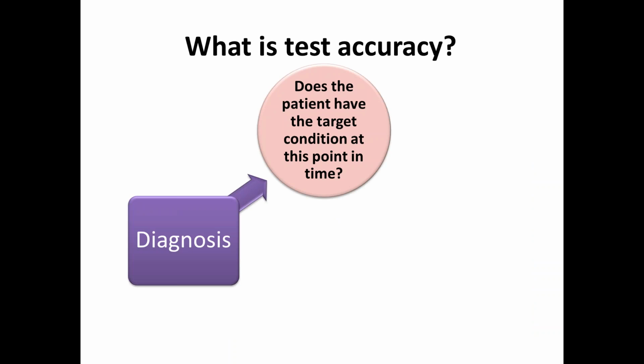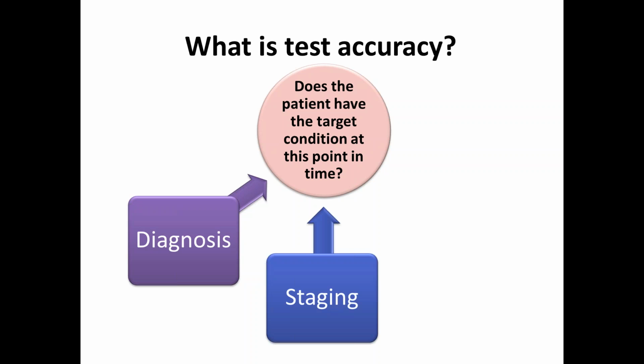So as I said, diagnosis is about looking at that, and diagnosis is a question of saying what is the state of this patient at this point in time. It's not talking about what's going to happen to them in the future. Of course, that depends on diagnosis, but the test is actually saying right now, does this patient have this disease?